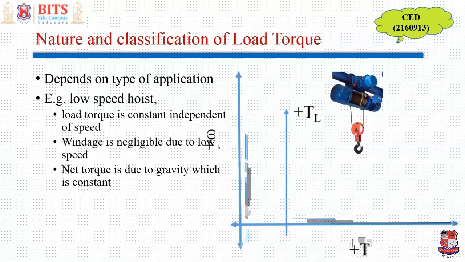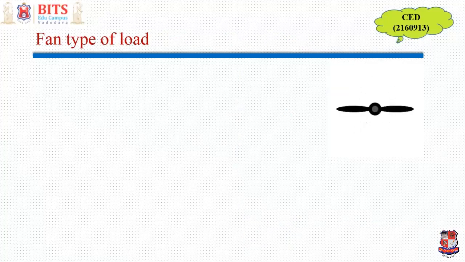So we can say that the opposing torque or load torque is constant. So such applications are known as constant load torque type of applications. So low speed hoist is one of the examples of such type of loads. And the characteristic you can see is a straight line parallel to the omega axis.